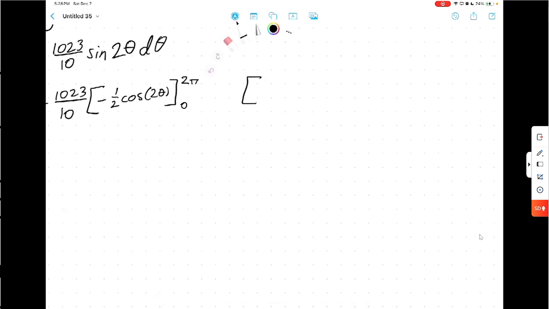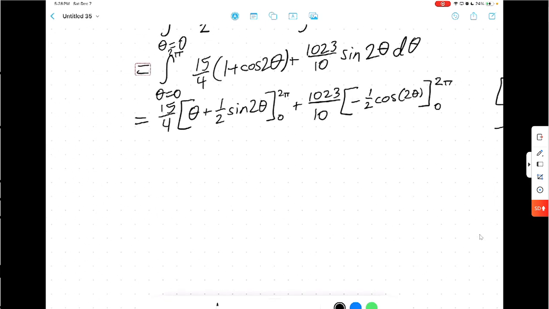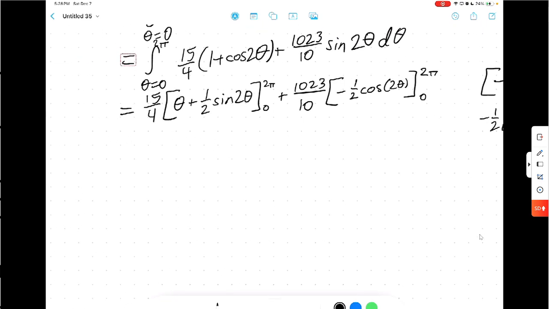Which negative 1/2 cosine from 0 to 2 pi will just be negative 1/2 times cosine of 4 pi, which is 1, minus cosine of 0, which is also 1. And then sine will have a similar thing, so we're just going to have 15 over 4 times 2 pi minus nothing. Or 15 pi over 2.